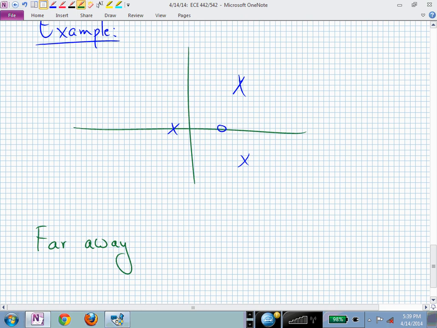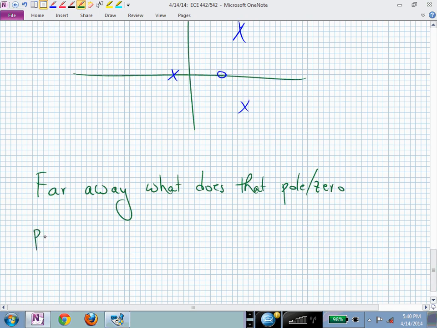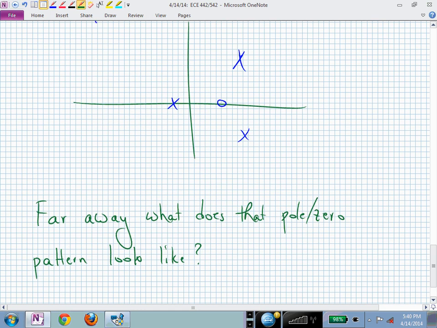maybe you could say in a galaxy, far, far away, right? Make this into some interesting story. But far away, what does this pole zero pattern look like? If you went a long distance away in the z-plane and you looked back at this local region, what would it look like?